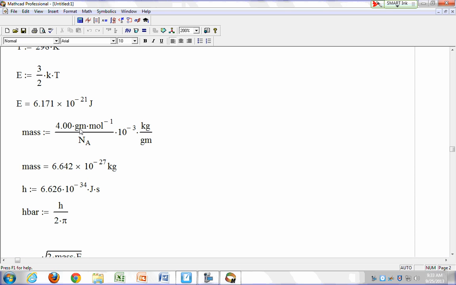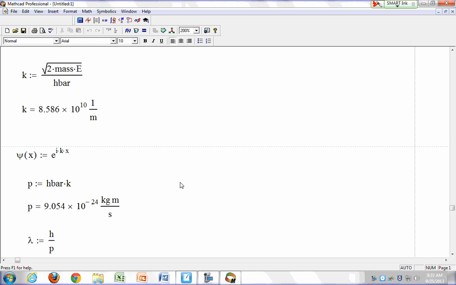GM is grams in MathCAD, but it cancels anyway. G is acceleration due to gravity in MathCAD. But if you want to use G, you can redefine G equals gm. Okay. That was your question? Okay.